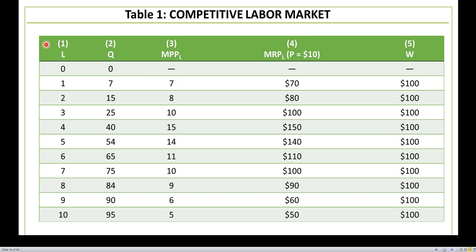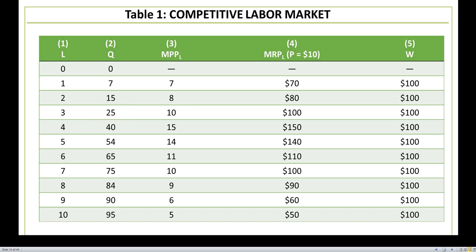And also because we are typically working with units of labor by 1, the zigzag pattern works very well. 0 plus what number will give us 7? That's 7. 7 plus what number will give us 15? That's 8. 15 plus 10 gives us 25, and then so on down the line. If we sum up the marginal physical product of labor for a particular unit of labor, we can get the quantity. So 7 plus 8 plus 10 will give us 25 units for 3 units of labor.